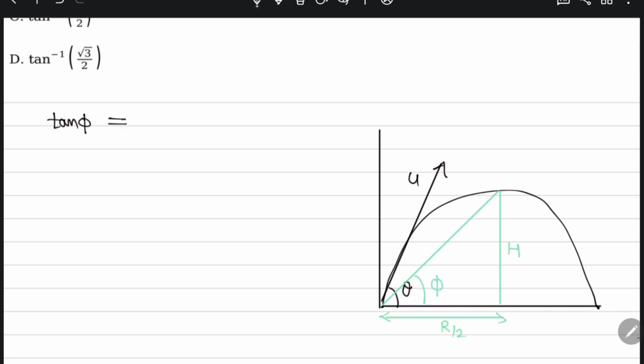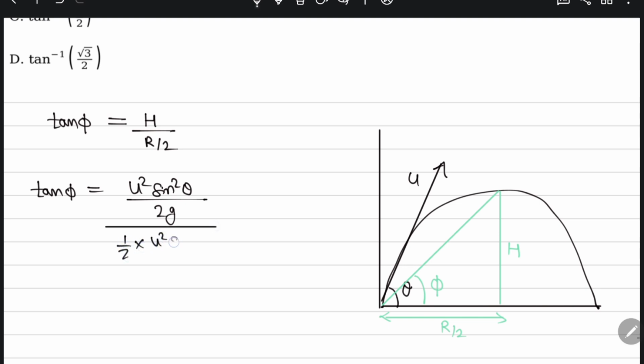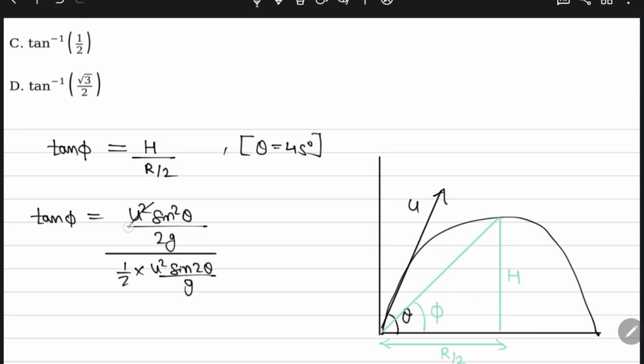Highest point means tan phi is equal to perpendicular upon base, R by 2. So here tan phi is equal to the maximum height u square sine square theta upon 2g, and here the range comes out to be 1 by 2 u square sine 2 theta by g, and here theta they have given 45 degree, right? So u square cancels, g cancels, 2 cancels.